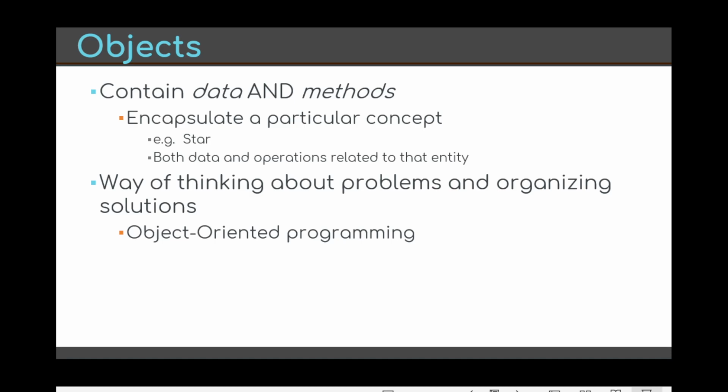So data and methods. We'll revisit our star example. So a star is both data and operations, right? So with a star, what do you need to know about it? With our star example, what were the variables involved in drawing the star? Does anyone remember?